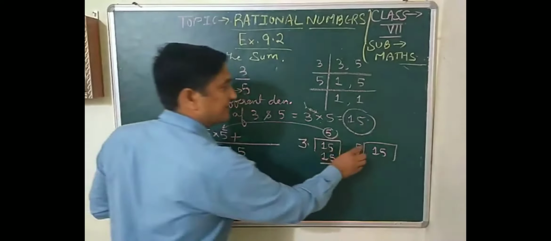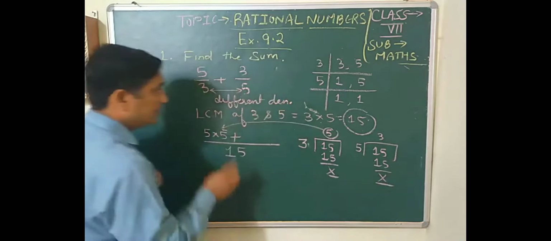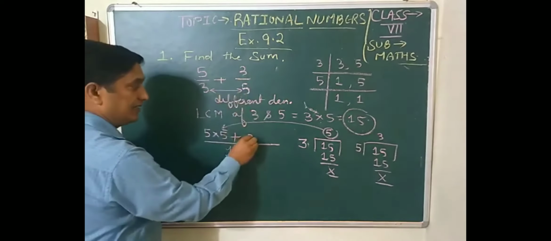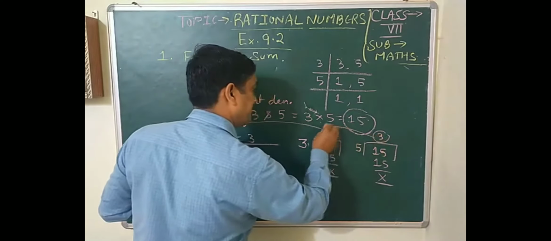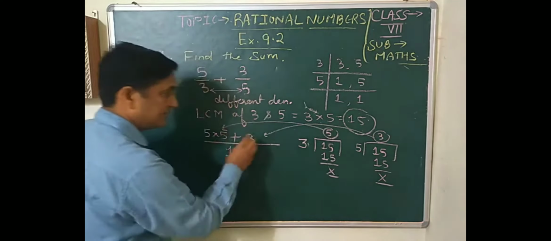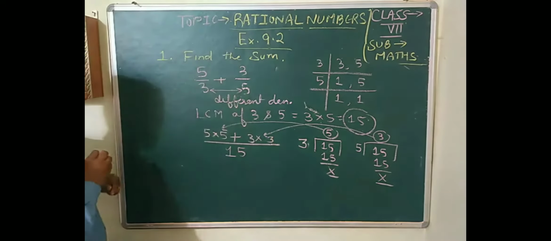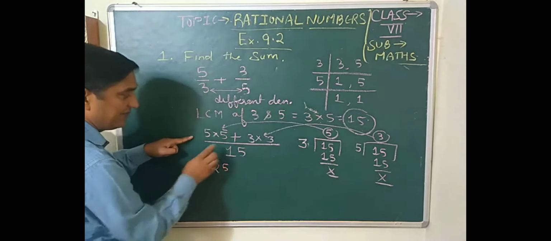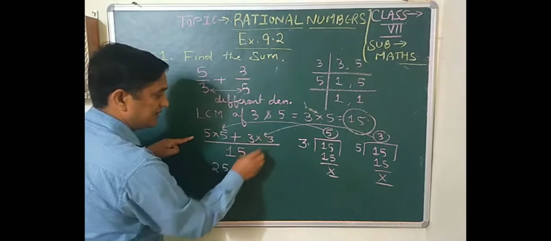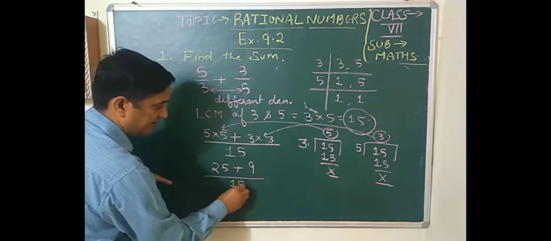Now 5 3s are 15. Numerator is 3. Now this numerator is multiplied by the quotient of the second division, that is 3. Now children, multiply. 5 5s are 25 plus 3 3s are 9 upon this 15 as it is.